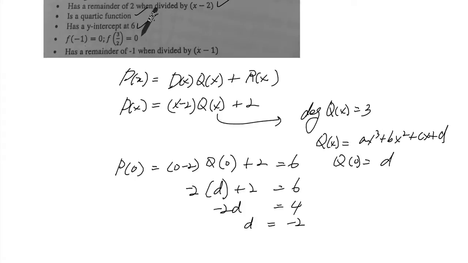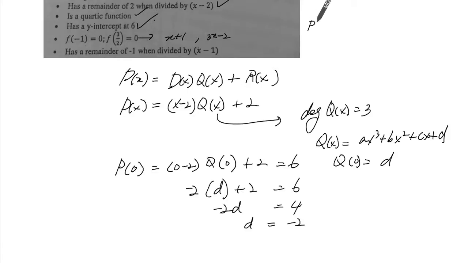The next two pieces of information come by the factor theorem. From right here, x plus 1 is actually a factor of our polynomial f(x). Also, 3x minus 2 is also a factor, because when you plug it in, you get 0.